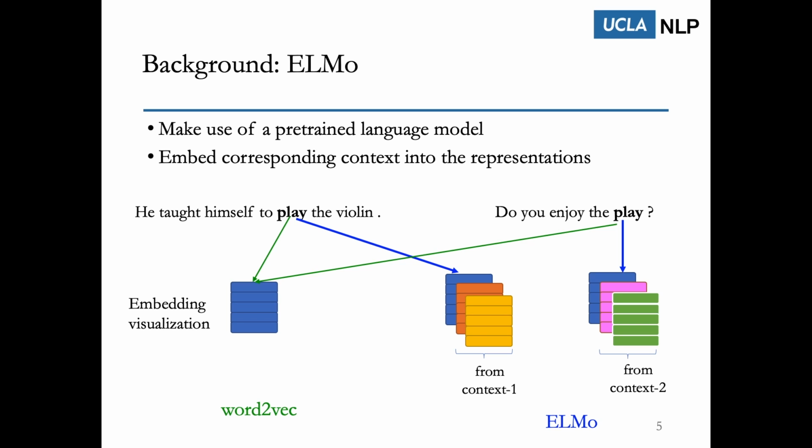For example, the two "plays" here will have different embeddings using ELMo. Such context makes ELMo contain richer information, which in return enhances many downstream tasks, such as question answering and coreference resolution.